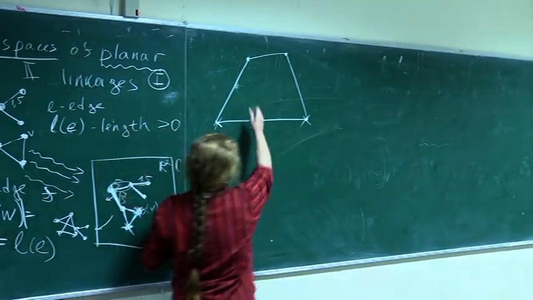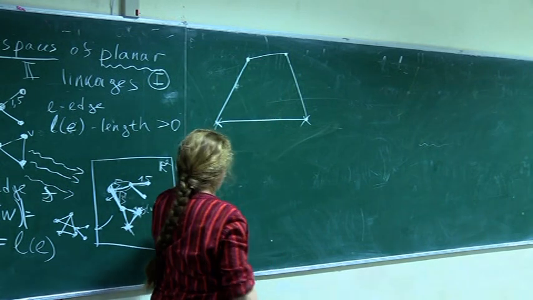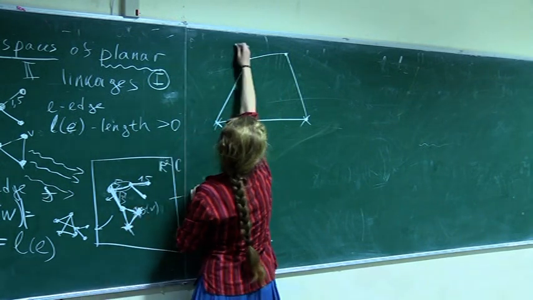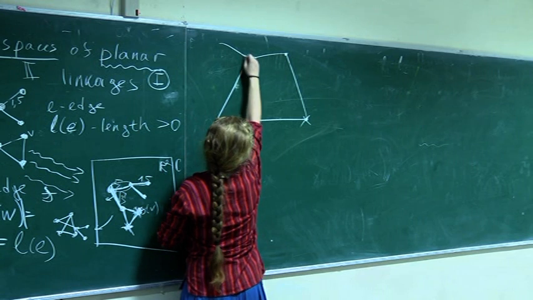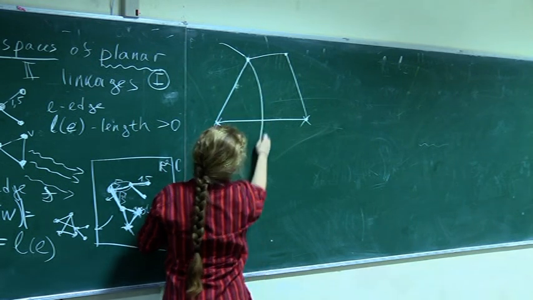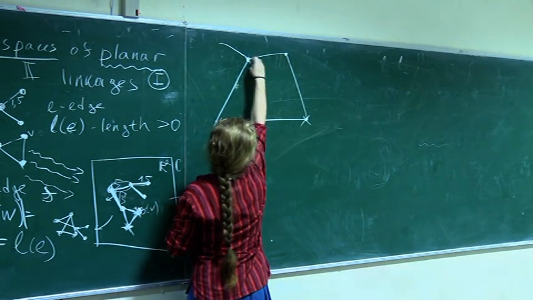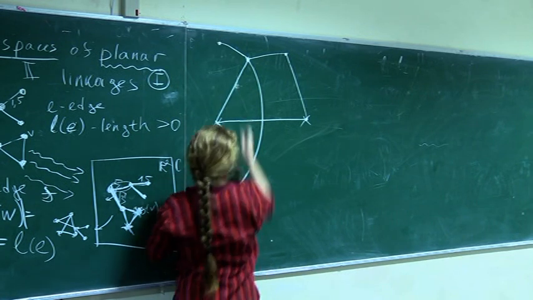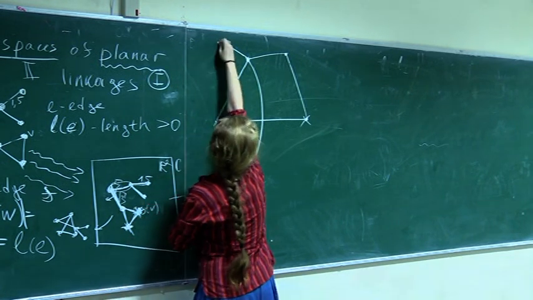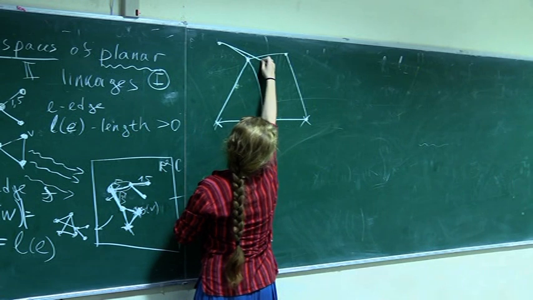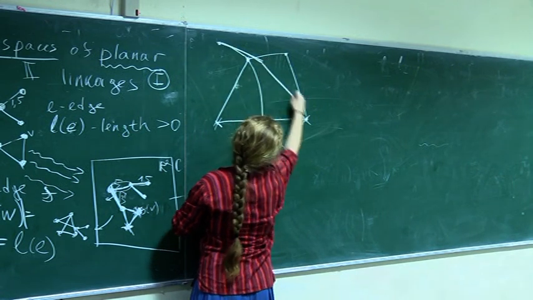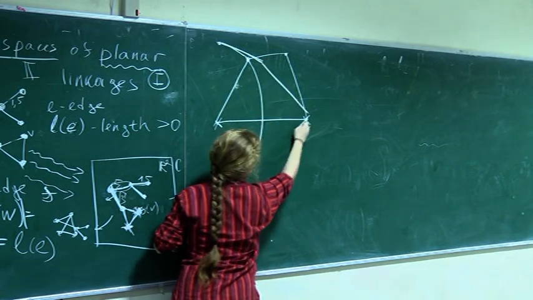So how can our configuration space look? Again, this point can travel on a segment with two endpoints. Here we have an aligned configuration. Here we have another aligned configuration.